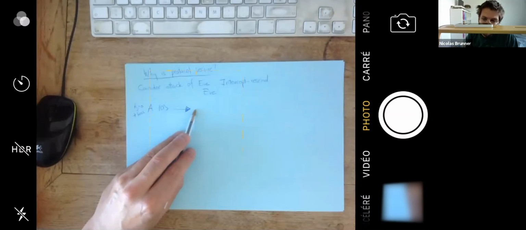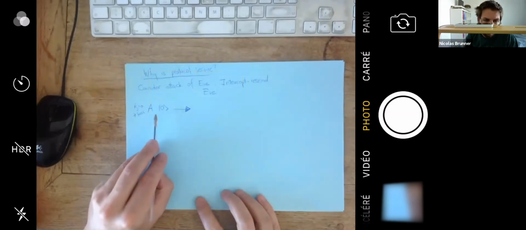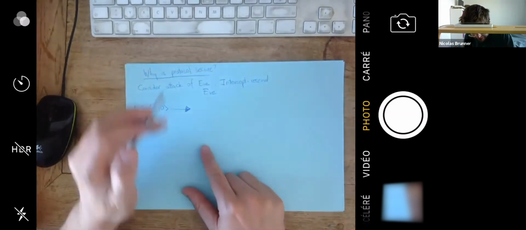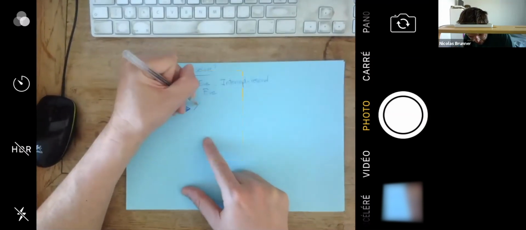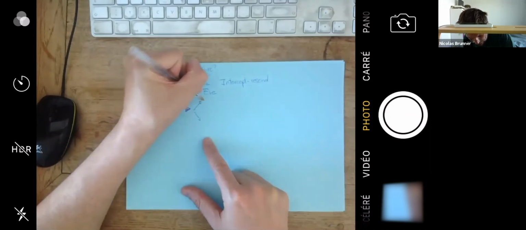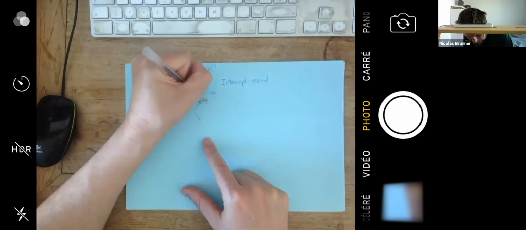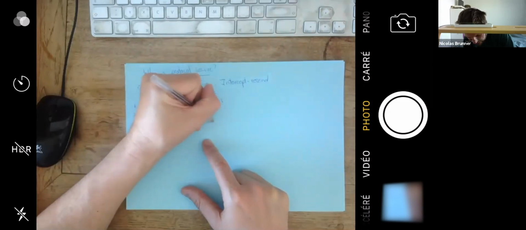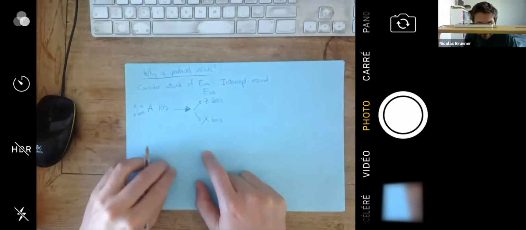This choice, Eve has to do it randomly because Eve has no idea which basis was used by Alice. This information is only revealed later on. So here we have a choice, and this choice will be that either Eve uses the Z basis or she uses the X basis.